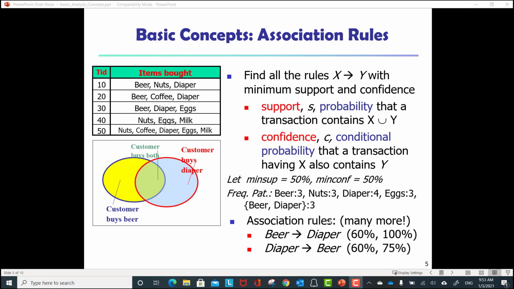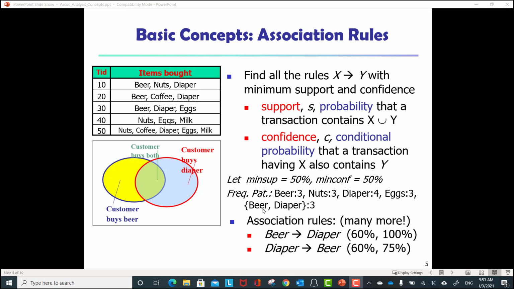Of course, some rules are interesting, some are not. So we'll talk about those issues when we discuss the third task of correlation analysis. I'll also give an example about them later. Okay, so let's look at association rules.